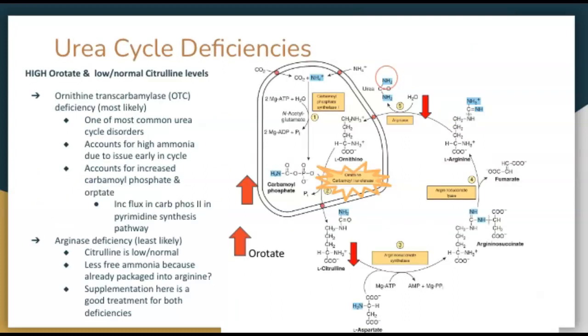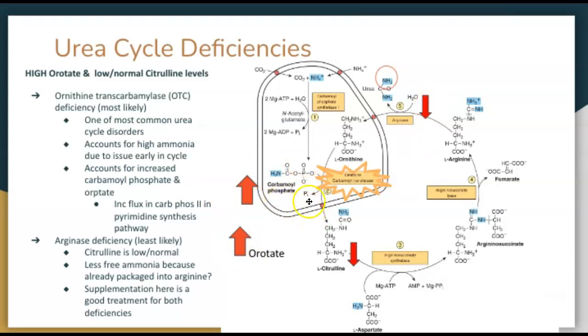So in this case, we found out that the orotate levels were elevated, and then there was a low to normal citrulline level. If we look at this picture, which I'm hoping my face is not in front of, I put arrows by the levels of each thing.